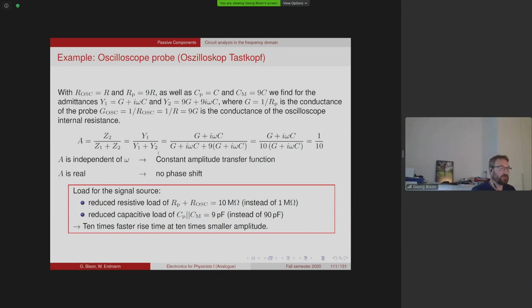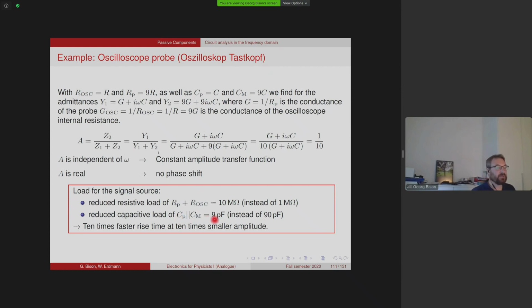There's one more advantage, that the load for the source, the resistance, becomes higher. Since now we have a load of the series connection of the probe resistor and the oscilloscope resistor, which gives 10 mega ohms instead of 1. And the capacitive load also becomes smaller, since here we have the two capacitors in series.